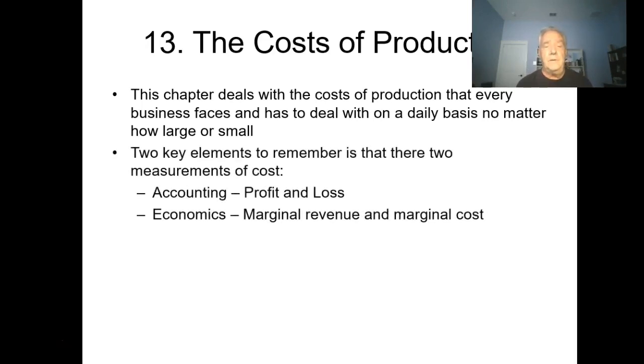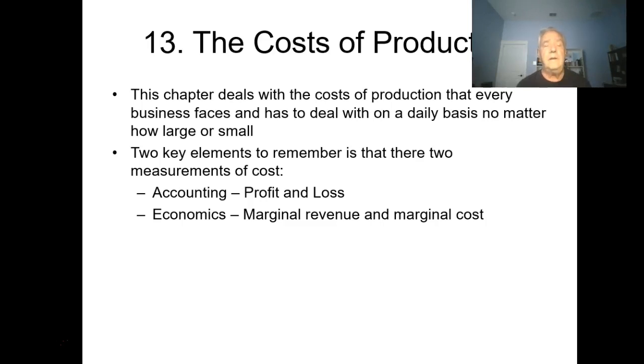So there are two key elements to remember, and major differences. From an accounting standpoint, accountants are concerned about profit and loss. In economics, we're concerned about the margin. What happens at the margin? In other words, what are the marginal revenue issues and what are the marginal cost issues? Now, from an accounting standpoint, let's discuss that a little bit further.